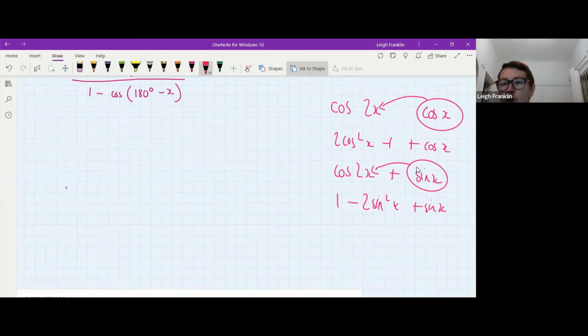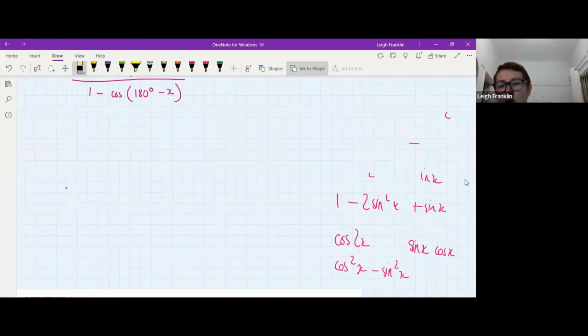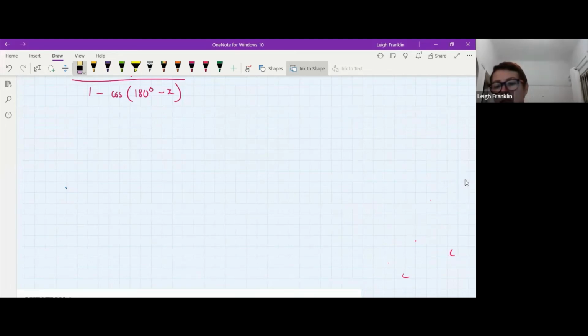If we had cos 2x together with sine x cos x, then probably the best way to write cos 2x would be as cos squared x minus sine squared x, just as a general rule of thumb. I'm just going to rub that out to give us a bit more space to write.